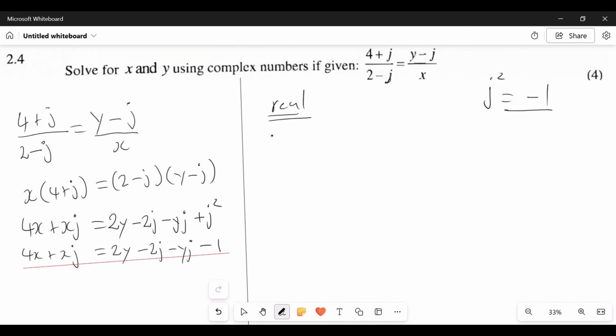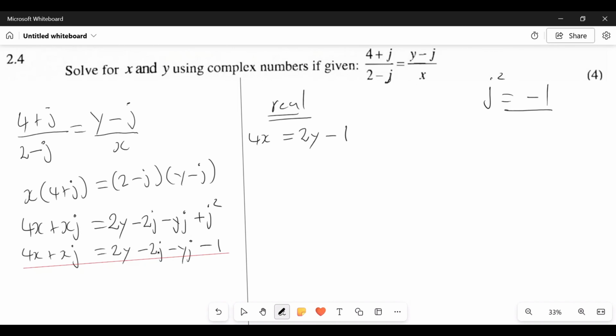So on the left hand side, the real number that we have is going to be 4x. Do you guys see? We don't have any other real number, so we equate them. Then on the right hand side, we have 2y, and we also have -1. Guys, the real numbers are the numbers in this expression here that don't contain j.